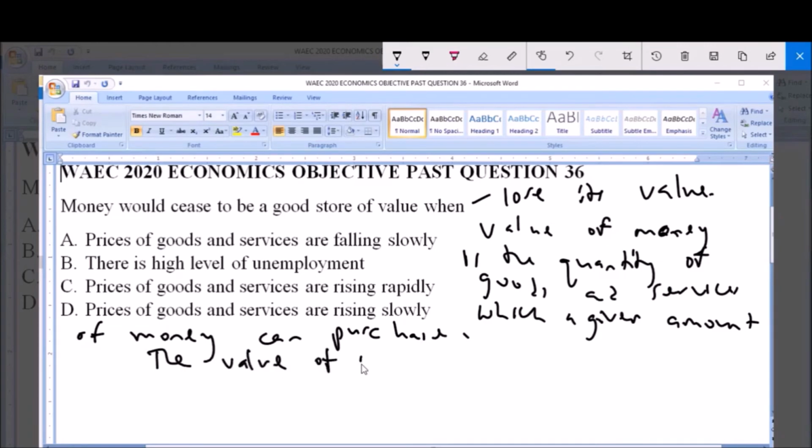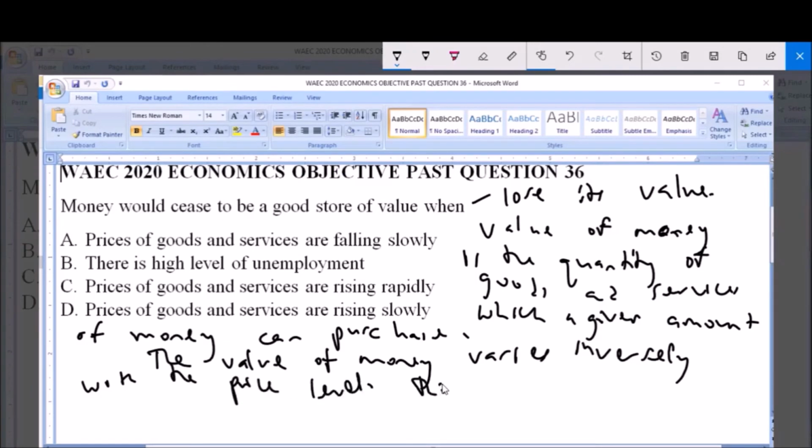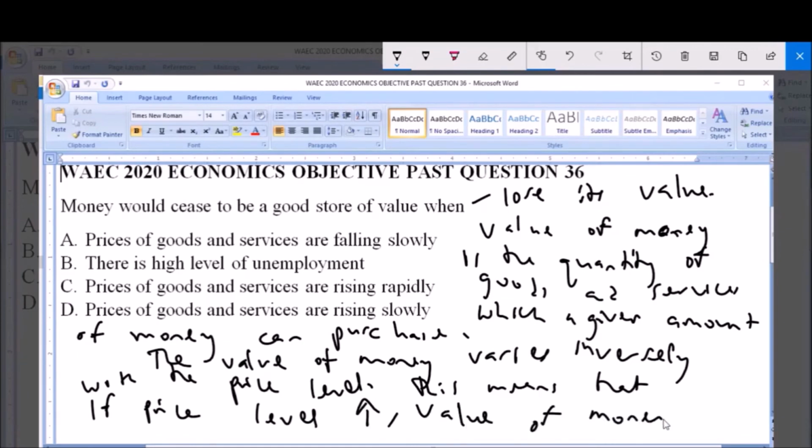The value of money varies inversely with the price level. So this means that if price level increases, value of money decreases. So this is the inverse relationship between the value of money and the price level. And likewise, if price level decreases, value of money will increase. So this is how it works.